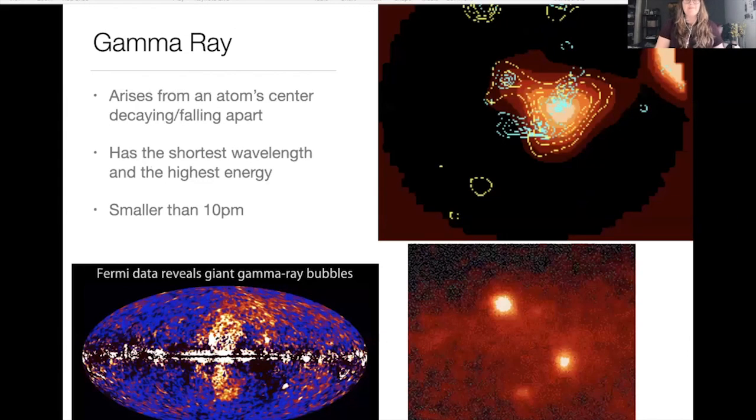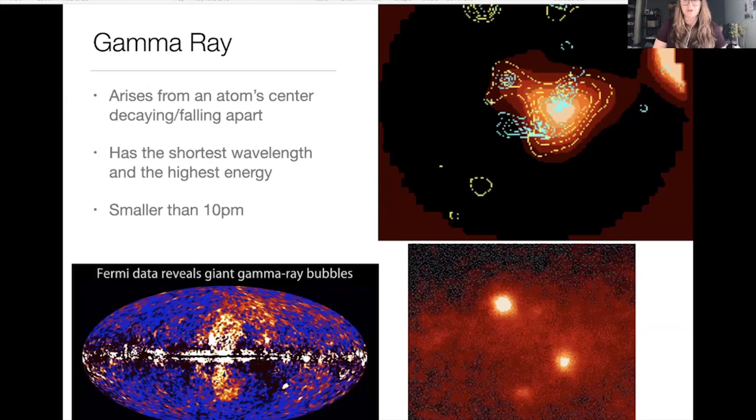And lastly, we have these things called gamma rays. Now, gamma rays are quite more used in research when you're talking about black holes, because gamma rays can come out of black holes. I'm not going to really go into that because that is some high level stuff. But essentially, they come from an atom decaying or falling apart at its center.